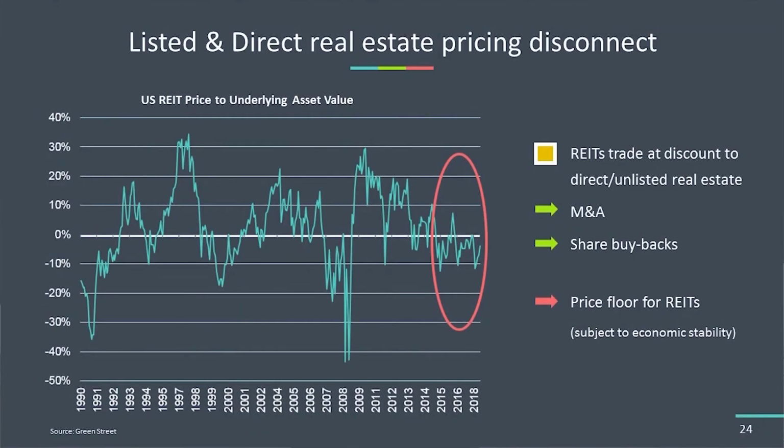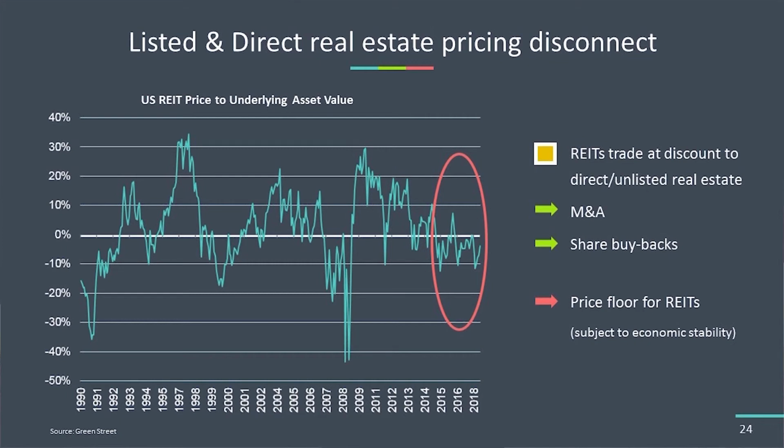Now, the other thing is, let's look at how REITs are trading relative to direct real estate. And you can see that it's trading basically at or slightly below the direct real estate pricing levels. And because the REITs have got such strong balance sheets and such good quality property, two things are happening. The REITs themselves are starting to look at share buybacks because they're trading below the value of the underlying assets.